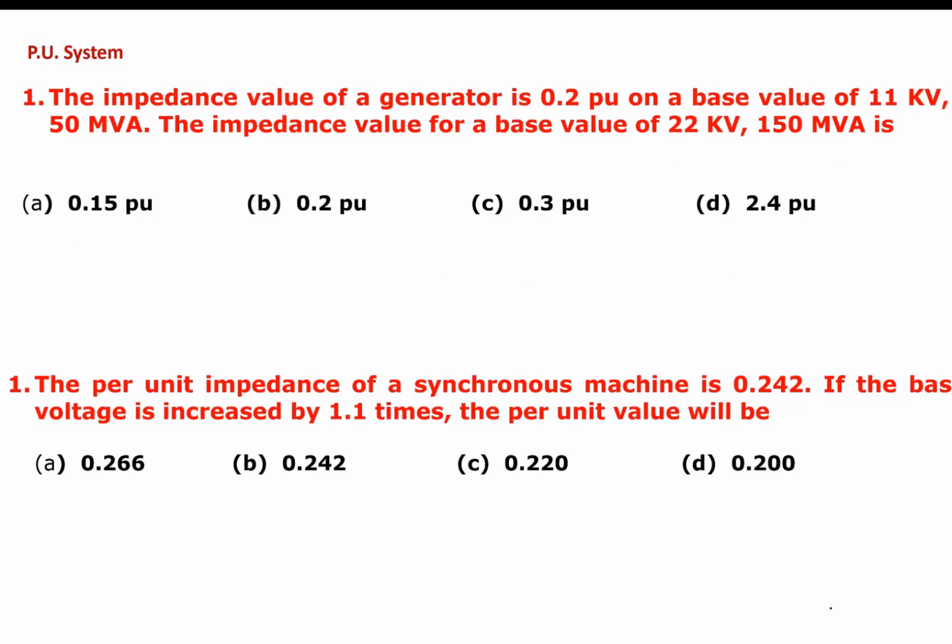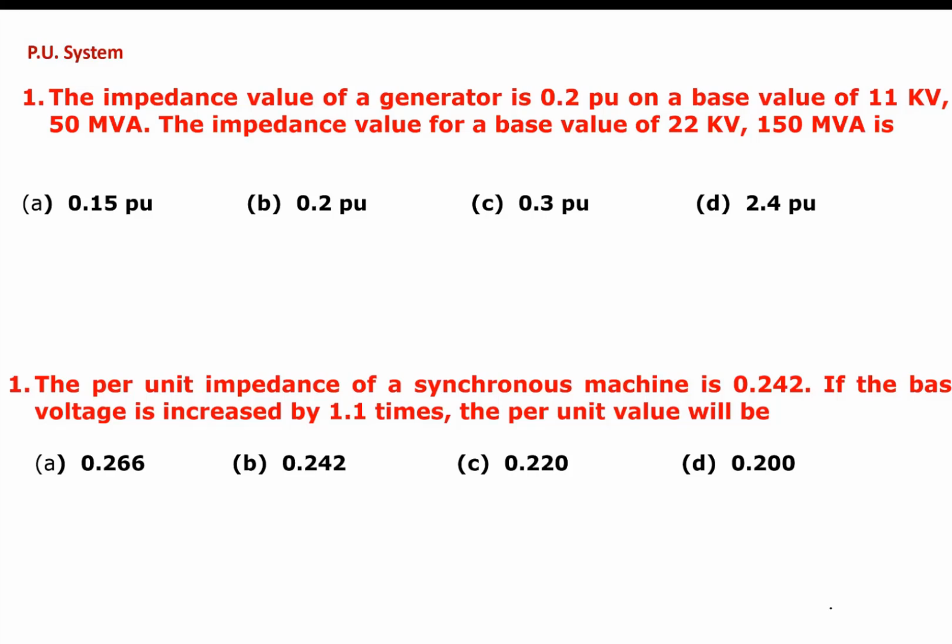The impedance value of a generator is 0.2 per unit on a base of 11 kV, 50 MVA. The impedance value of the same generator on 22 kV and 150 MVA is. Try to solve this question and tell the answer.